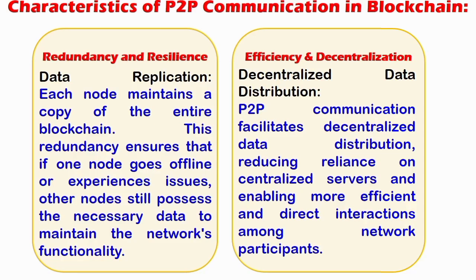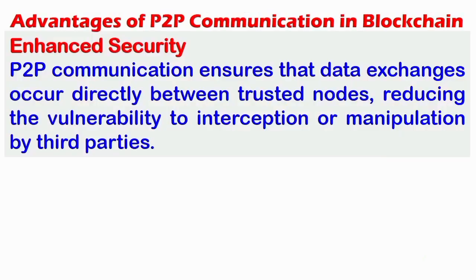This setup allows for more direct and efficient interactions between everyone involved. It is like having a streamlined way to share info. No need for a big server, just direct connections among all the network participants. Let's talk about the advantages of P2P communication in blockchain.